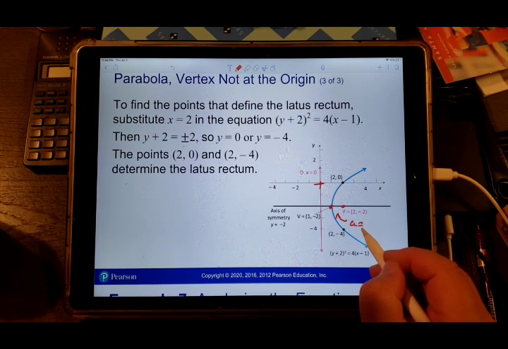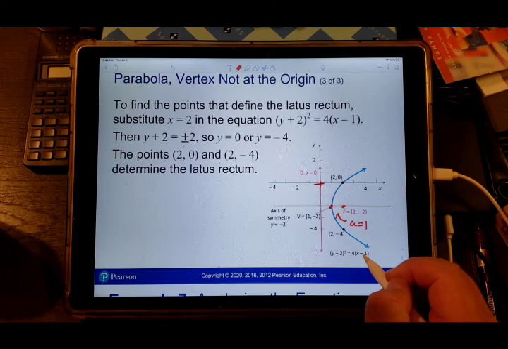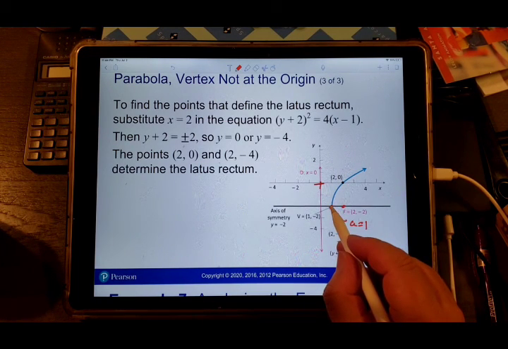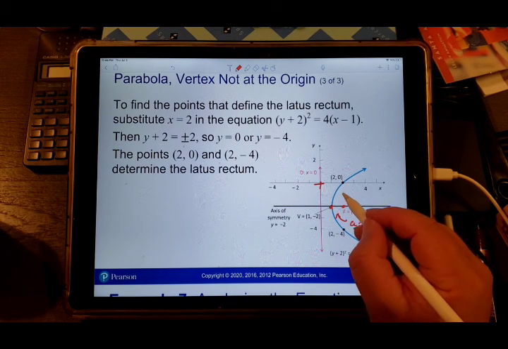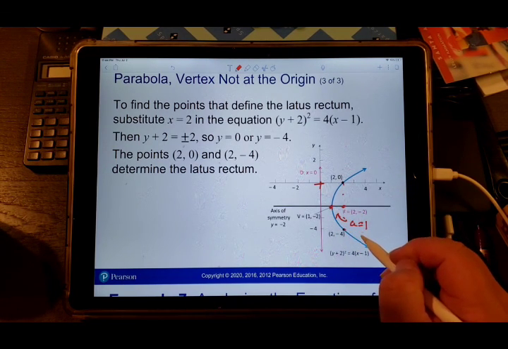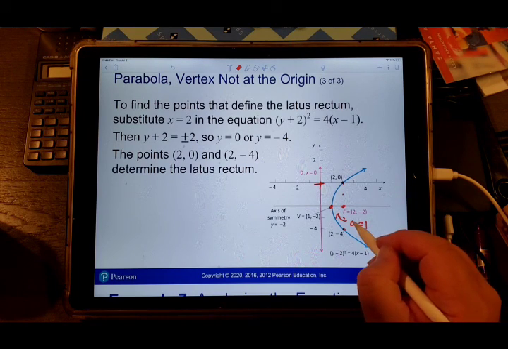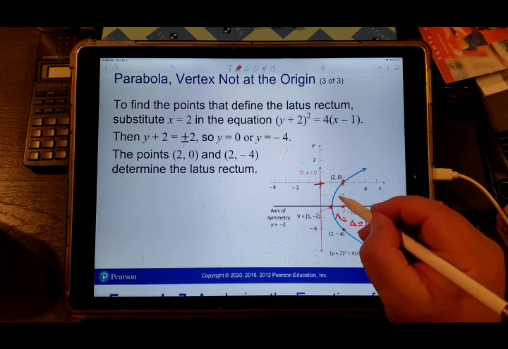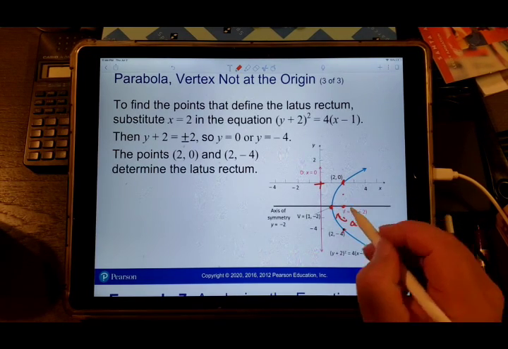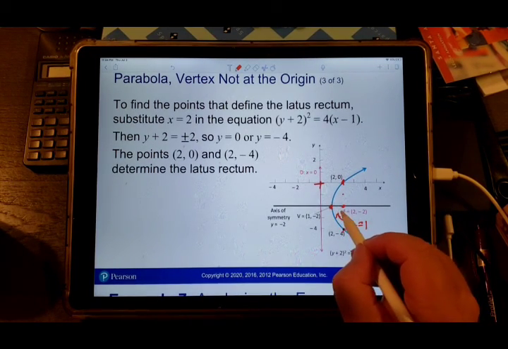Well, a is always positive, but you know what I mean. a is 1. So if that's true, to graph this, I'm just going to go 1 this way. I have to go twice that distance, so 2 this way and 2 this way, for a total of 4a in this direction.